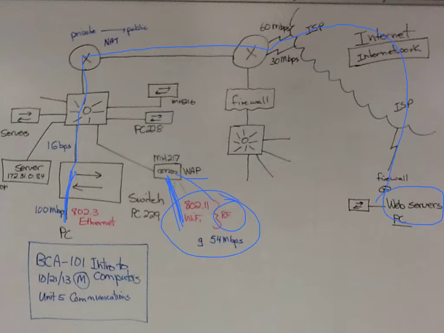Then over here we talked about the wired situation, like a PC is wired right up, and we talked about the protocol there of going from here to here, and that is Ethernet, 802.3. We don't have to know all the details about that, but we should understand that some protocol is used to get the information from one device to another, and then from that device to another device.